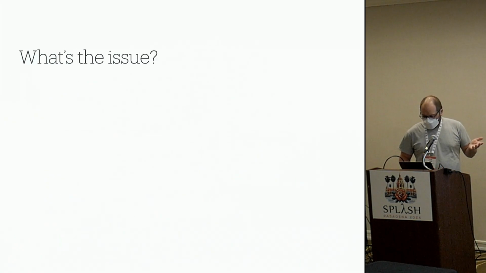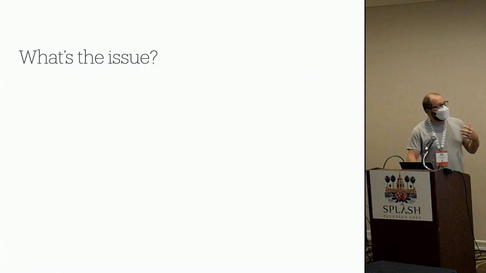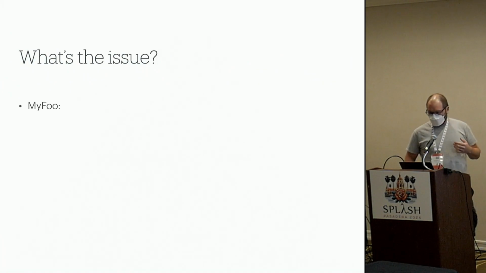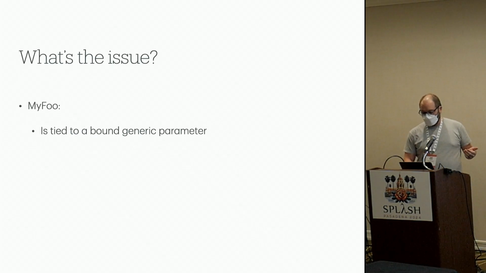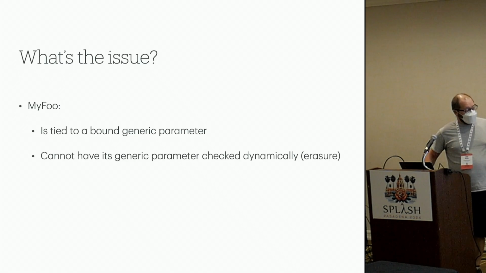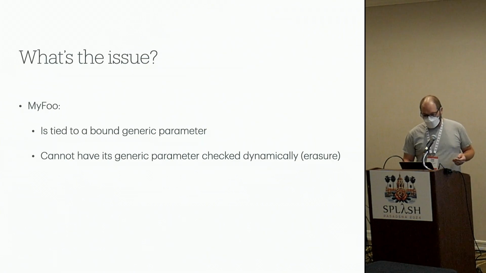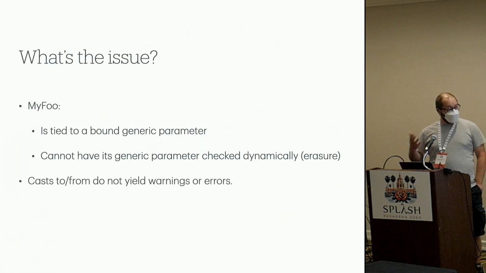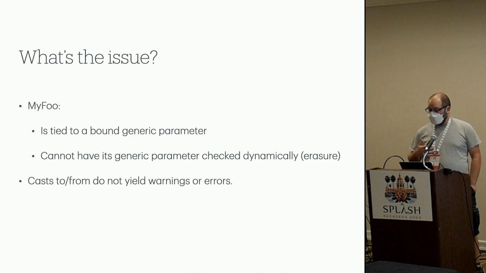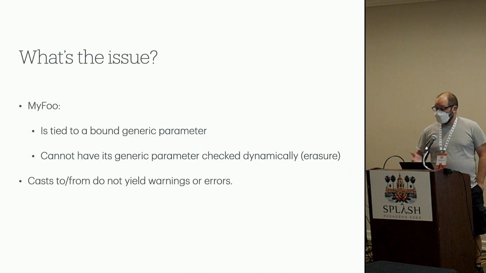So what's going on here? Again, this is a combination of a few things. My foo is tied to a generic parameter. It cannot have its generic parameter checked when we're doing a cast or instanceof. And casts to and from, likewise instanceof checks with this, do not yield errors or warnings.